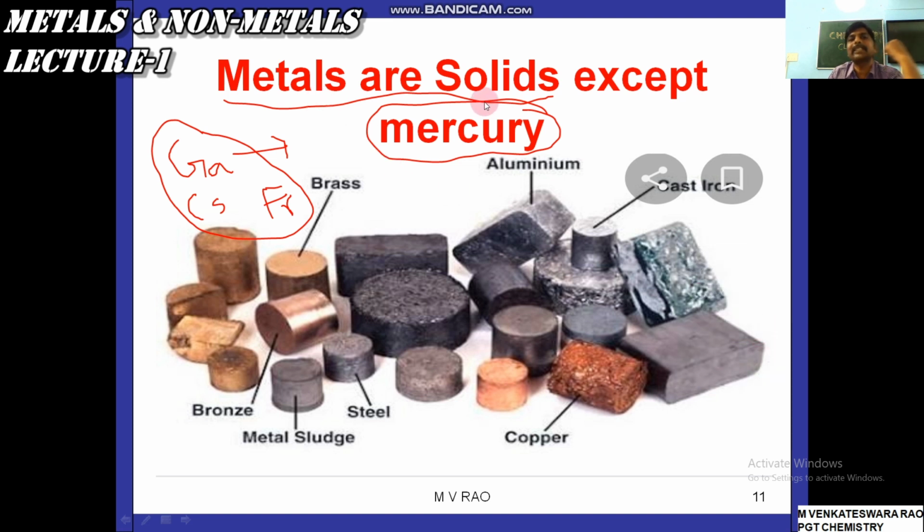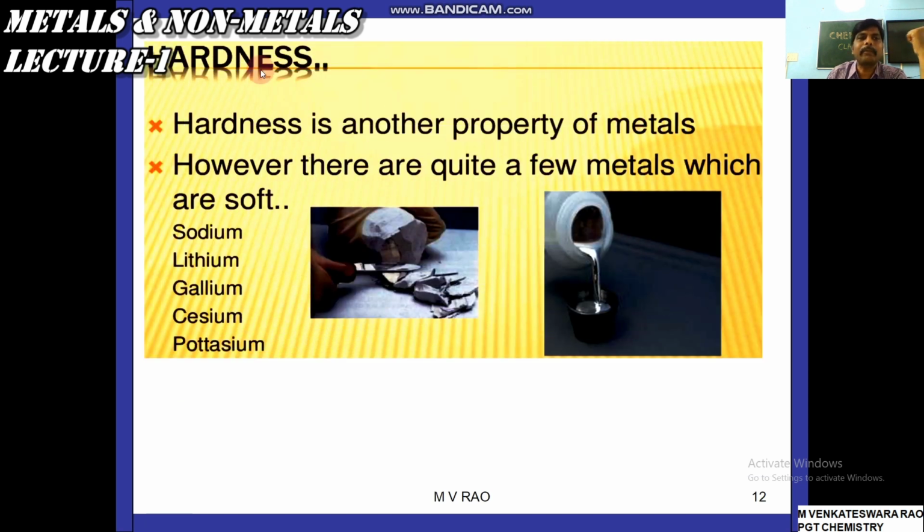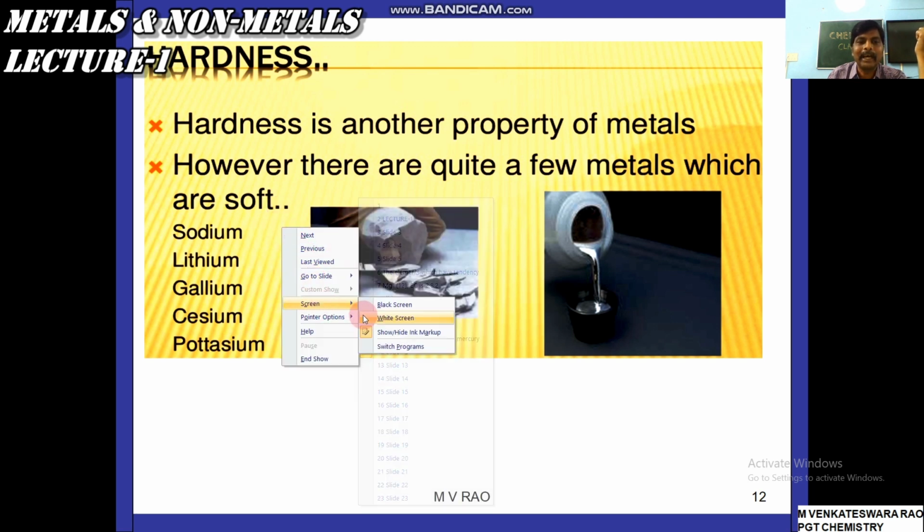What is the physical state of metals? Metals are solids. The next property is hardness. Hardness is another property of metals. However, there are quite a few metals which are soft. I told you already, alkali metals.